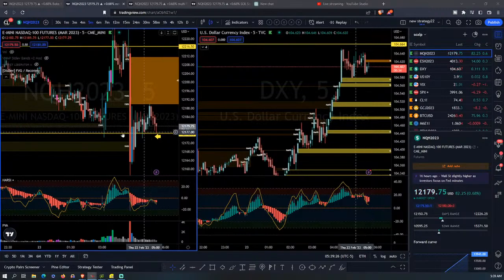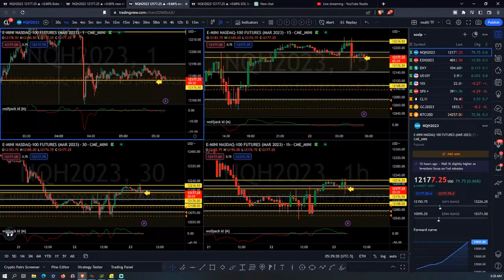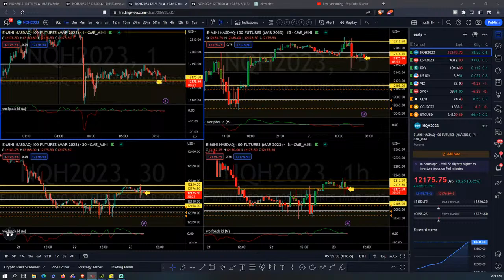And again, I just entered a long. Probably shouldn't have. But yeah, it looks like it wants to come down and crack that. Oof. Yeah, it's not a trade I should have entered, to be honest. Let's just grab liquidity. I don't know. This is interesting, to say the least.